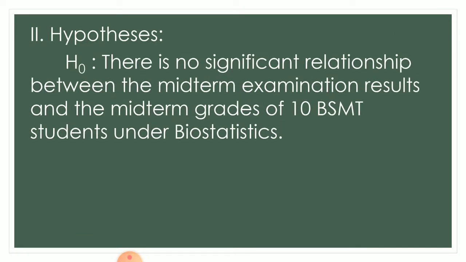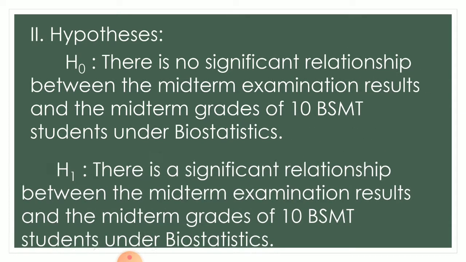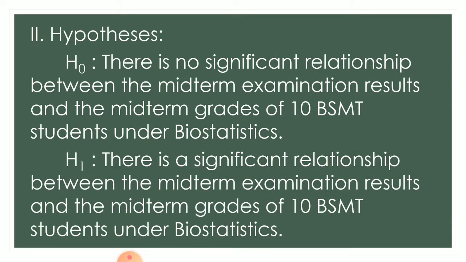For the null hypothesis, there is no significant relationship between the midterm examination results and the midterm grades of 10 BSMT students under biostatistics. Then for the alternative hypothesis, there is a significant relationship between the midterm examination results and the midterm grades of 10 BSMT students under biostatistics. So this is a non-directional test, or a two-tailed test.